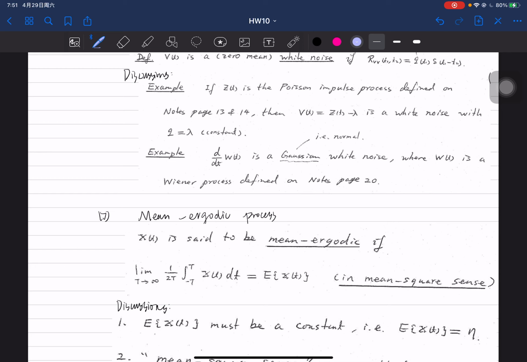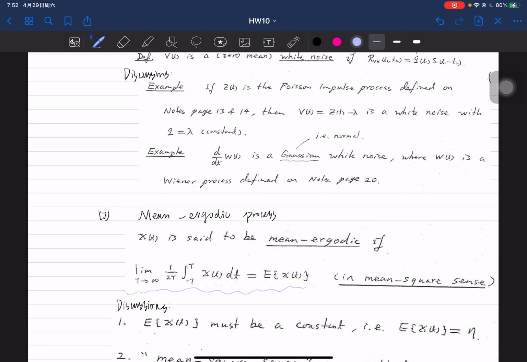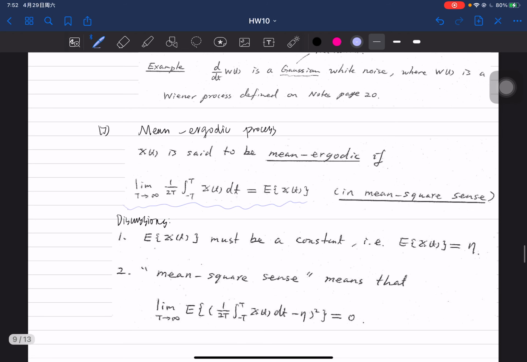X(t) is said to be a mean ergodic process if it has this equation in the mean square sense. The expected value of X(t) must be a constant, and the mean square sense means that this function should be equal to 0.